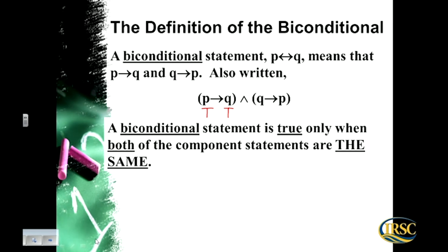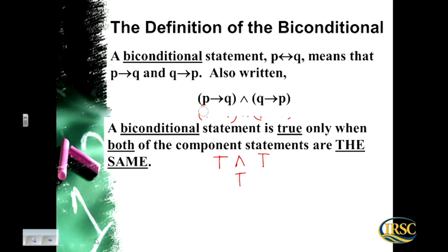So if I stick in a true for both P and Q, well, if true, then true is true. If true, then true is still true, and an and statement is only true when they are both true. So that makes this statement true. So notice that since this is equivalent to an if and only if, we just proved that when both P and Q are true, then the if and only if is also true.